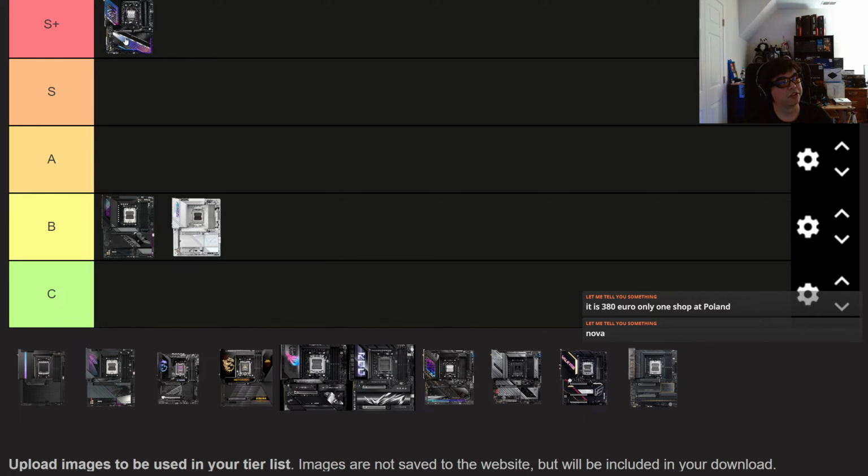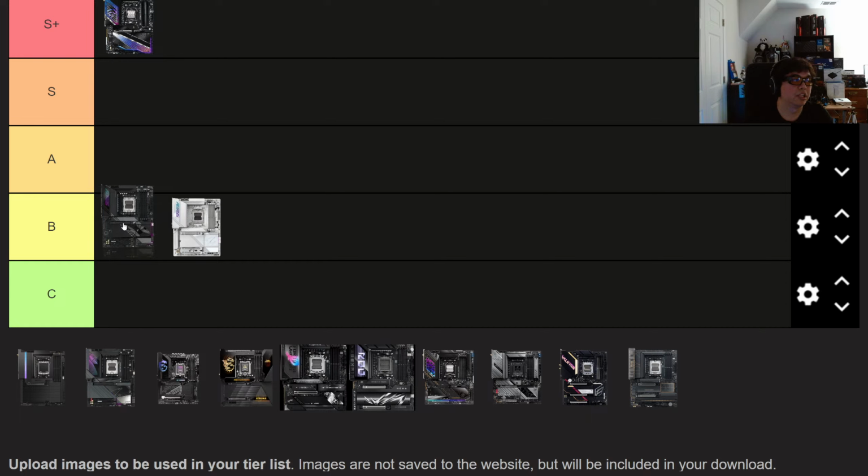Because when you think about it, the Nova from ASRock and the Aorus Elite and the Aorus Pro, all three of these motherboards are in the price range between $300 and $400. So the Elite is $320. The Pro is about $350, $360.